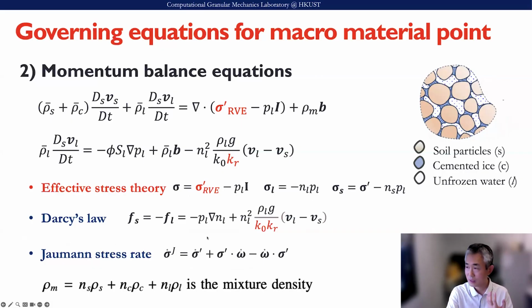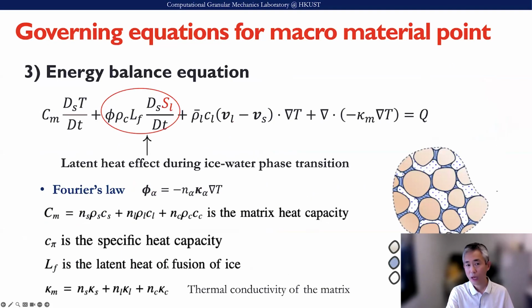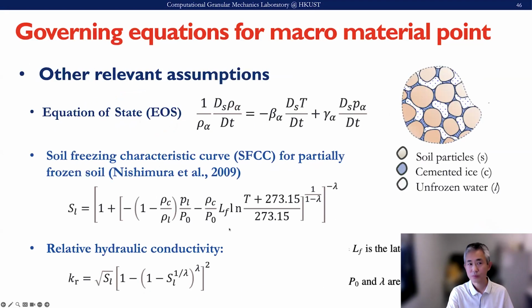And we consider the large deformation, and we define a Jaumann stress rate to consider the large deformation part here. But we also consider energy balance. Indeed, we incorporate extra terms to consider latent heat effect during this ice-water phase transition here. Okay, and we also consider Fourier's law for the heat part of this ice and water transition.